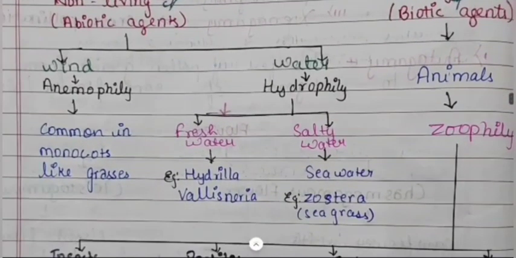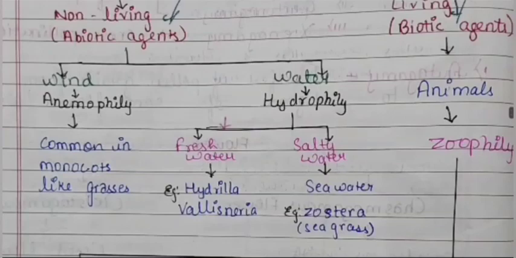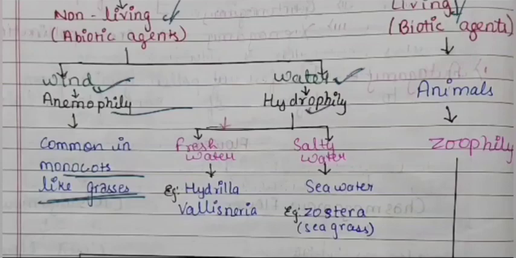Abiotic agents can be wind or water. Wind pollination is known as anemophily, which is common in monocots like grass, whereas in the case of water, it is known as hydrophily, which is common in Hydrilla and seagrass.